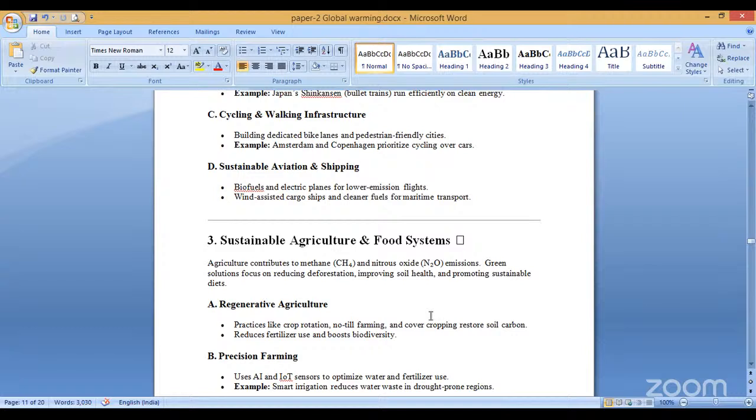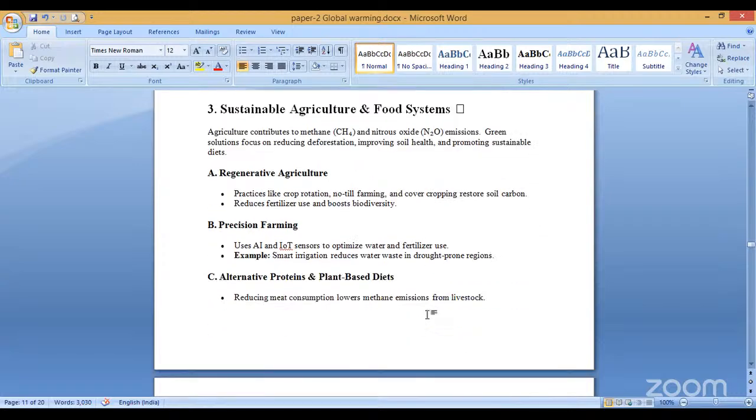Regenerative agriculture practices like crop rotation, no-till farming, and cover cropping restore soil carbon, reduce fertilizer use, and boost biodiversity. Precision farming uses AI and IoT sensors to optimize water and fertilizer use.